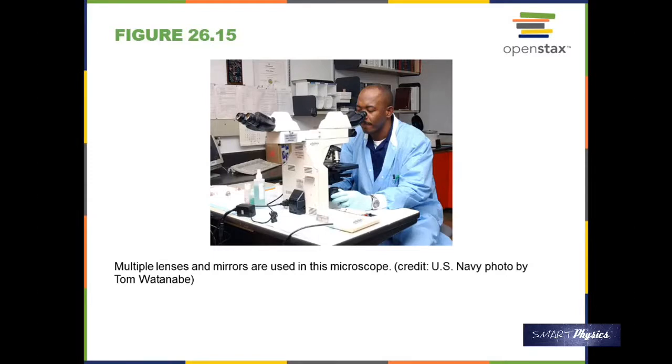Microscope. A microscope has two lenses. One is called the eyepiece. That's what you look through. And the other is called the objective, which is what is close to the object, the slide.